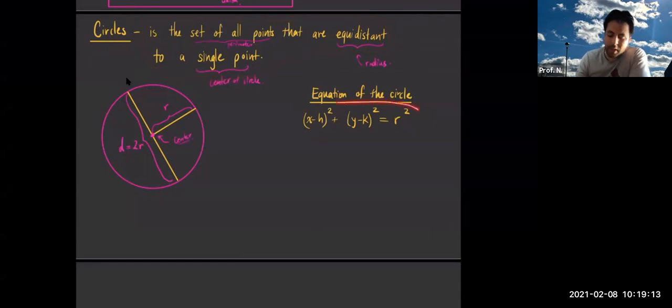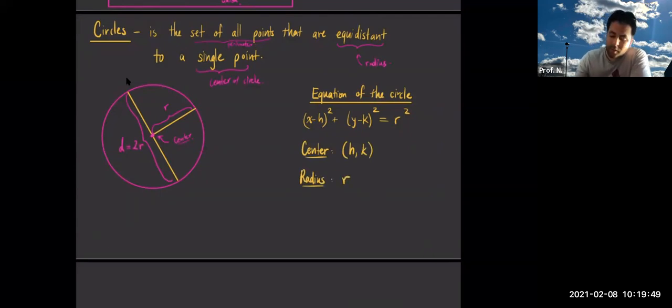So this equation here is exactly saying that x and y are all the points whose distance from the center, which is given by h comma k, is always the same, r squared. So in this case, the center here is h comma k, those are the coordinates, and the radius is r.